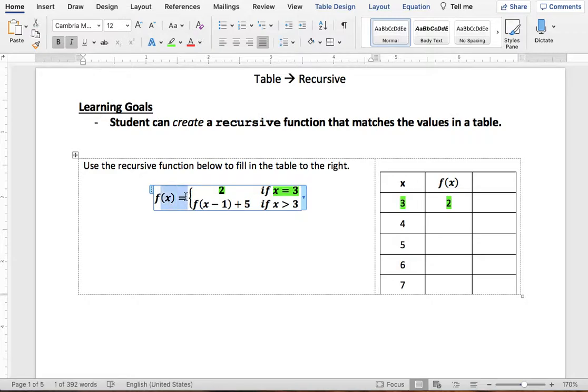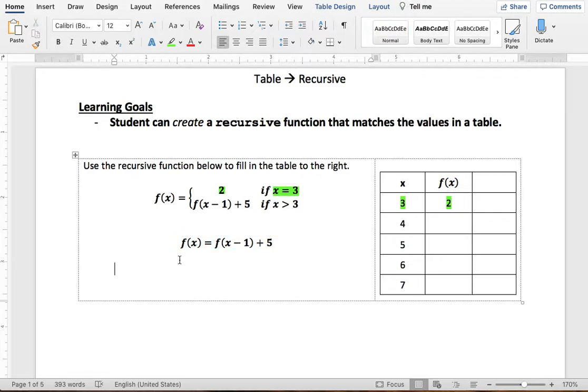So a quick little reminder. One way we can think about this, you can think of f of x sort of as your next y value.